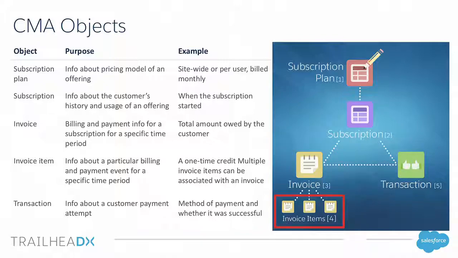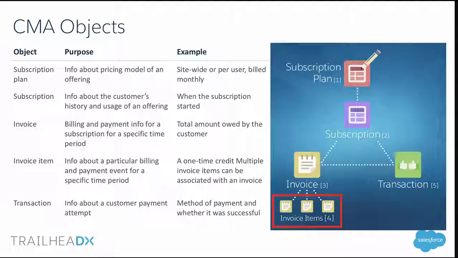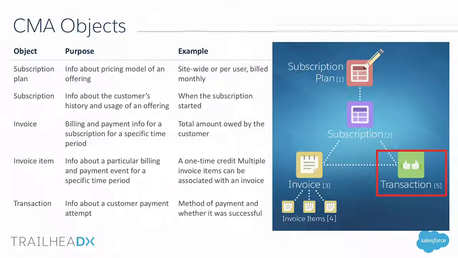And then there's the invoice items, which give you information about a particular billing and payment event, also for a specific period of time. And then the last is the transaction objects, which gives you information about the customer payment. So in total, it's everything you need to know about the transactions that are happening and the different payments your customers are giving you for your app.